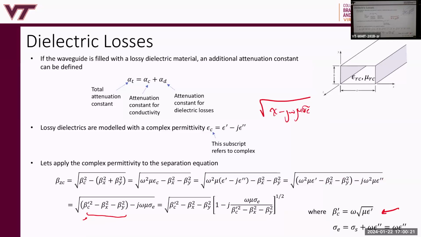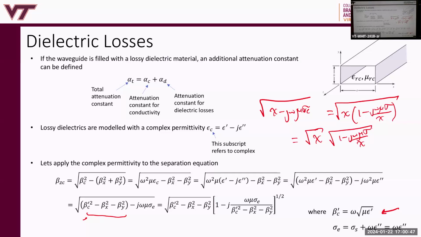All right, if we factor out the square root of x, we can say this is the square root of x multiplied by 1 minus j omega mu sigma divided by x, right? Yeah, that's correct. And then we can split this now. So square root of x multiplied by the square root of 1 minus j omega mu sigma divided by x. No, it's correct, yeah?